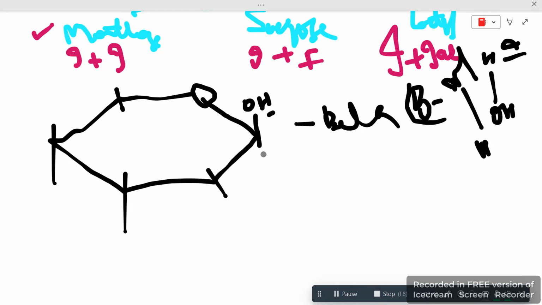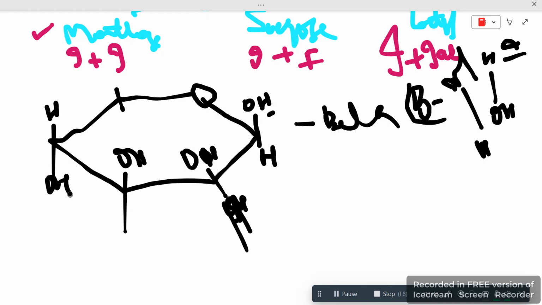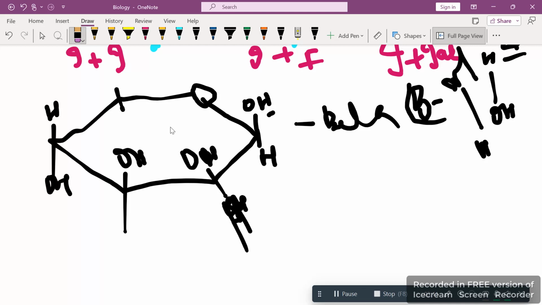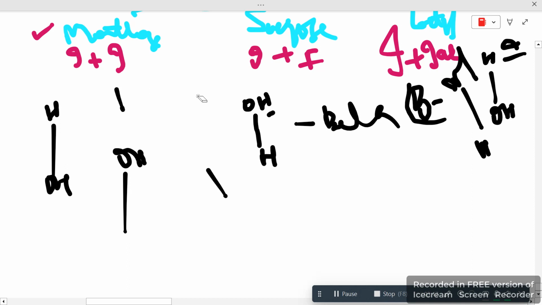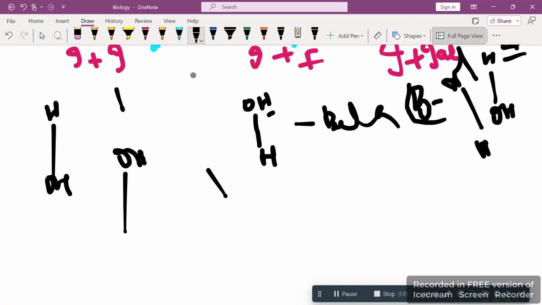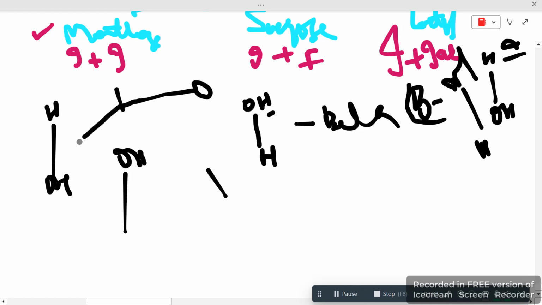So OH is here, so downward it would be H. That is clear. Here you'll add H, OH, or OH would be here and H would be here. Only glucose is the exception case. Like this.